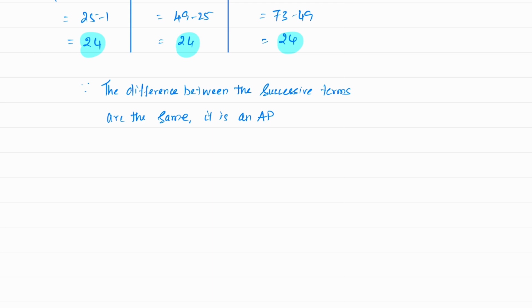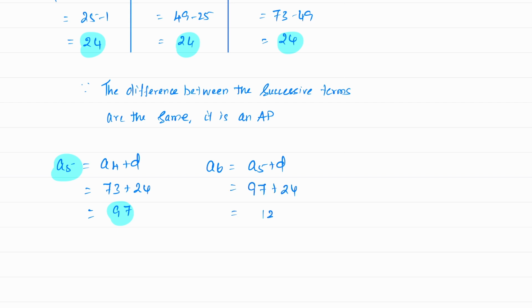So what is A5? A5 equals A4 plus D, and this is 73 plus 24, which is equal to 97. Similarly, A6 equals A5 plus D, which is 97 plus 24, which is equal to 121.